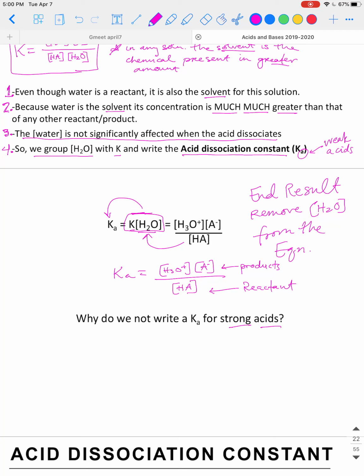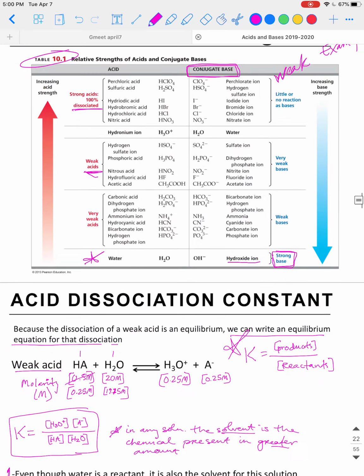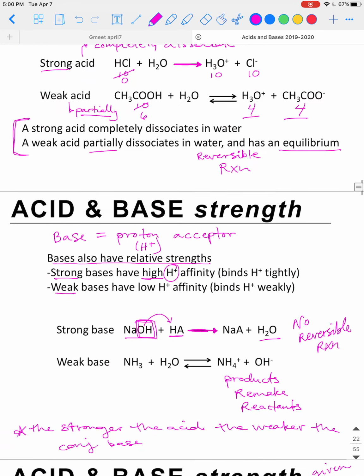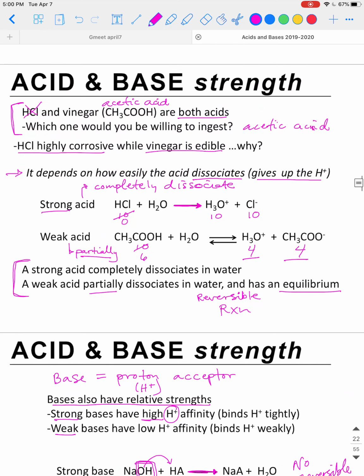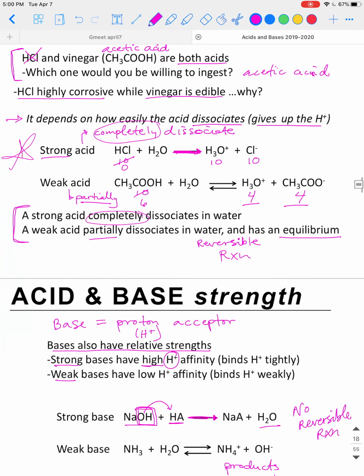If you don't know, let's go back to the slide where we were looking at the strong acid and the weak acid. Remember, for a strong acid we have a single arrow. Why is that? We said strong acids completely dissociate in water. We do not get a reversible reaction.